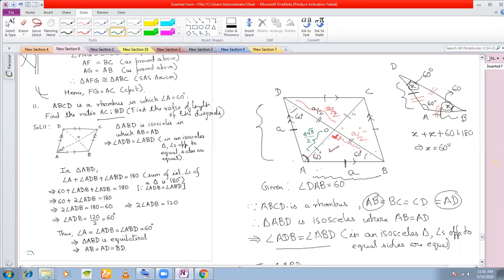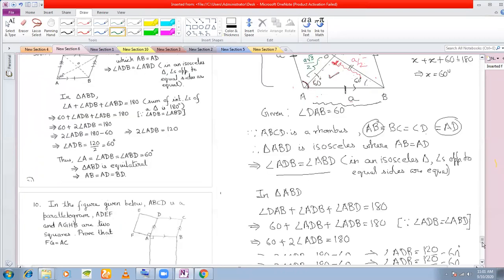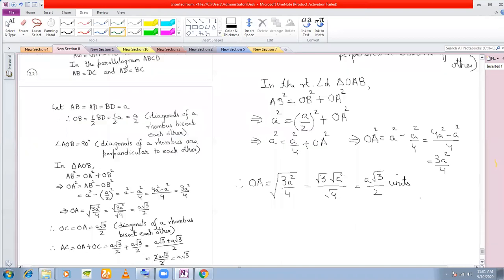So what should be this length? This length should also be A root 3 by 2, right or wrong? Yes, sir. Agreed, all of you? So we write OA is equal to OC is equal to A root 3 by 2.